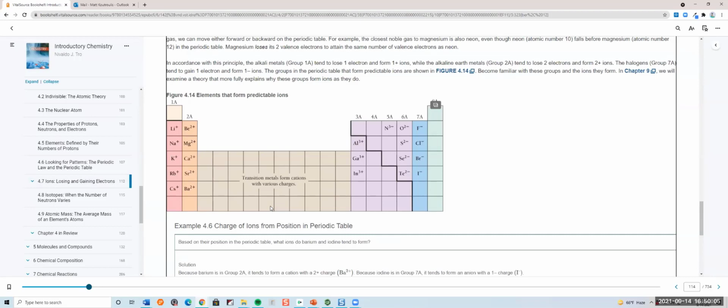This is page 114. And this talks about the standard charge of the elements. How the elements in group 1 are +1, the elements in group 2 are +2, these top ones are +3. That's vitally important, but we don't really understand why yet.